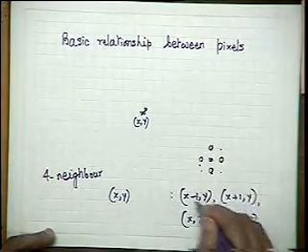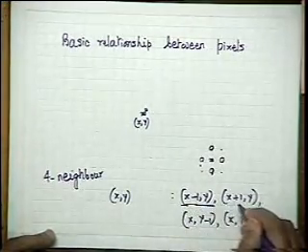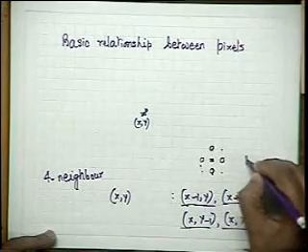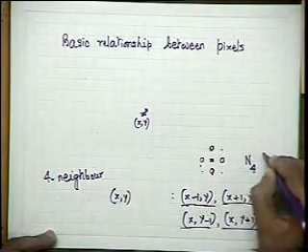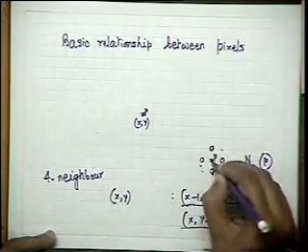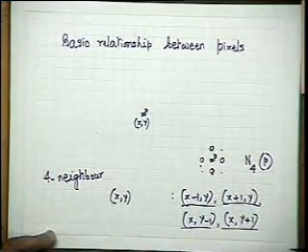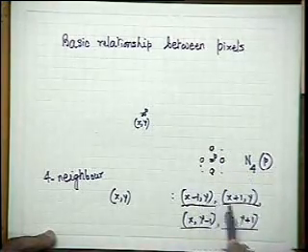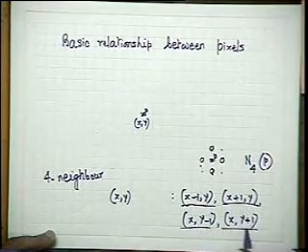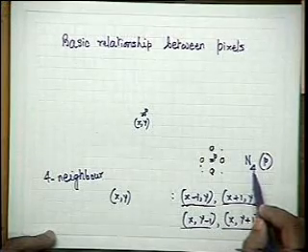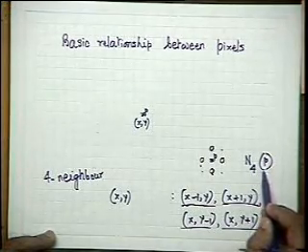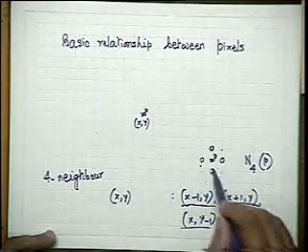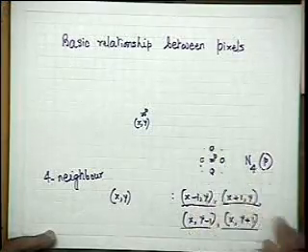This set of four pixels, that is the immediate left, right, top and bottom, belong to a set N4 of P, where P is the given pixel. The four points x minus 1, y; x plus 1, y; x, y minus 1; and x, y plus 1 all belong to the set N4 of P. So this excludes the diagonal neighbors.